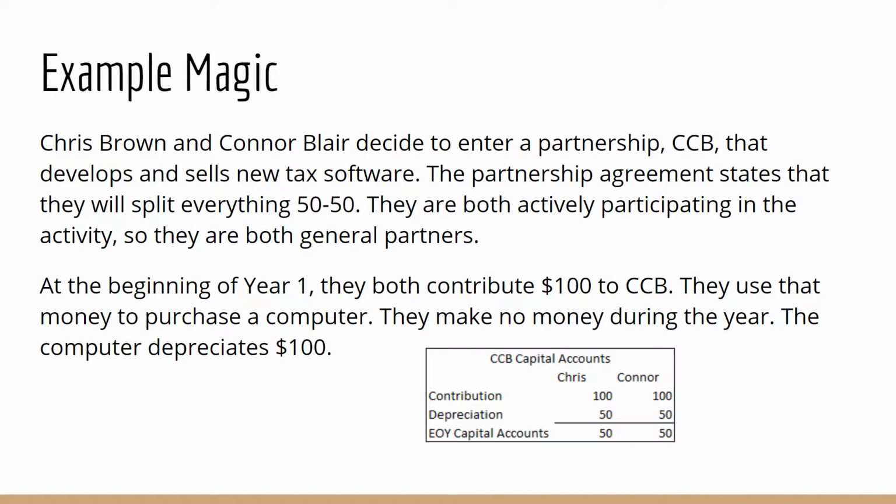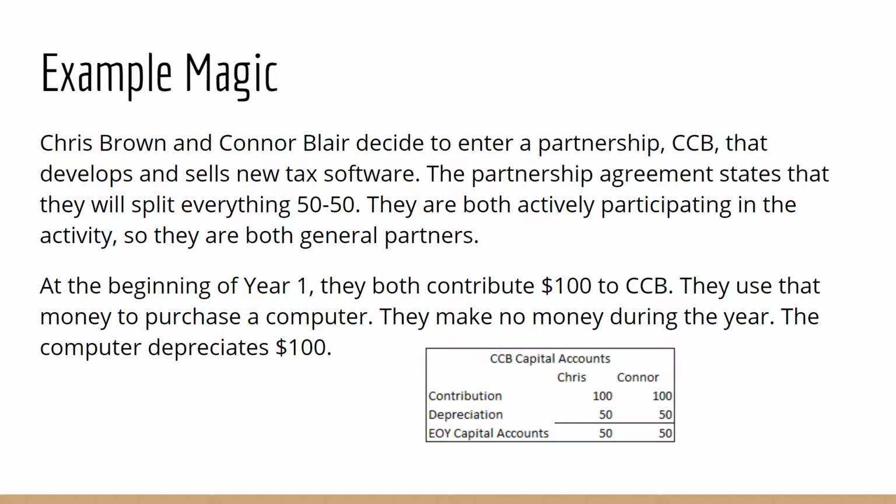Quick example. We're building off our last one. Chris Brown and Connor Blair started their partnership, CCB. They're splitting everything 50-50, and they're both general partners. At the beginning of year one, they both contribute $100 to CCB. They use that money to purchase a computer. They make no money during that year, and the computer depreciates $100.